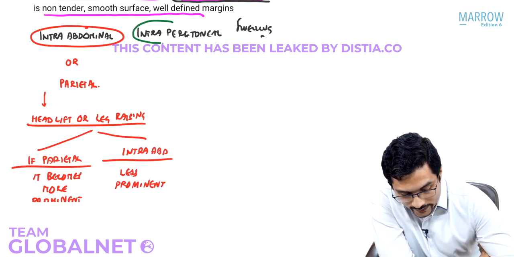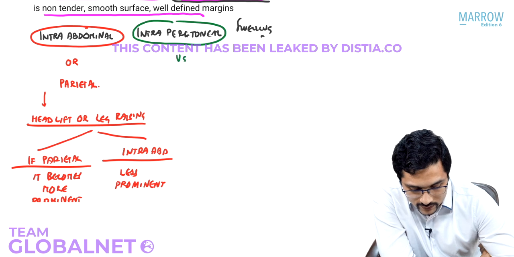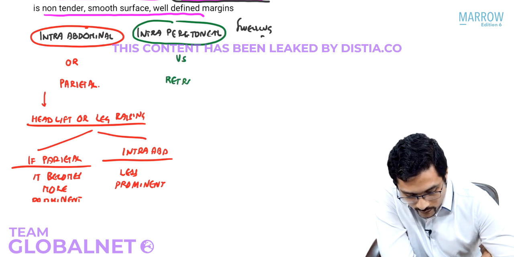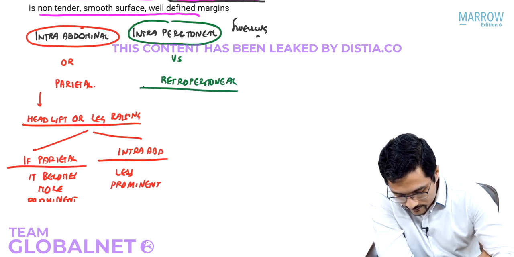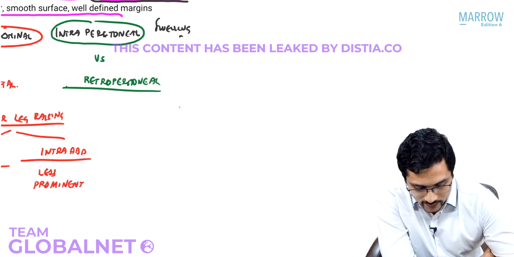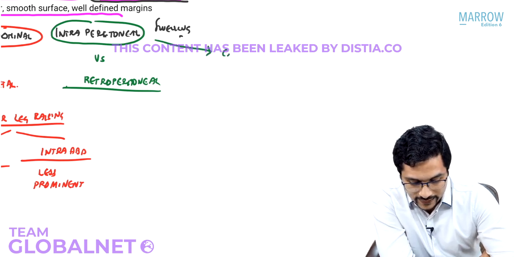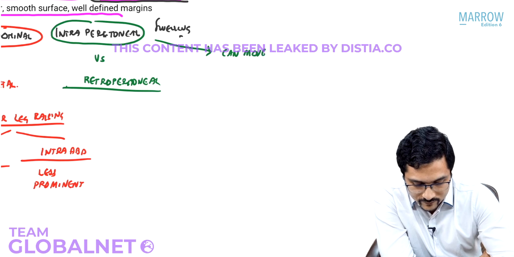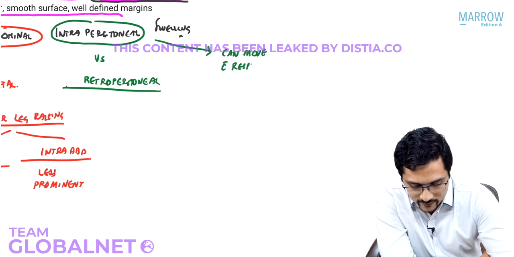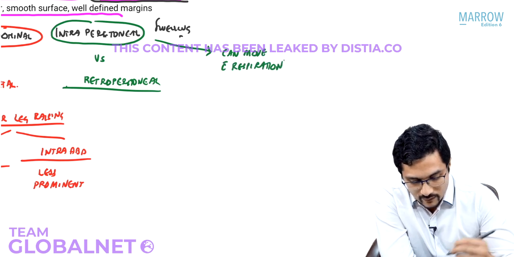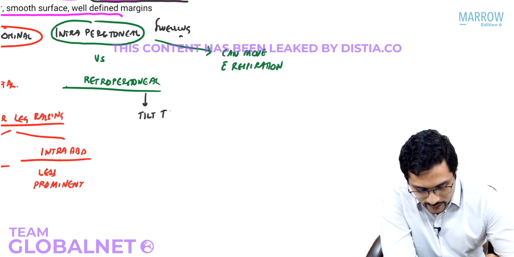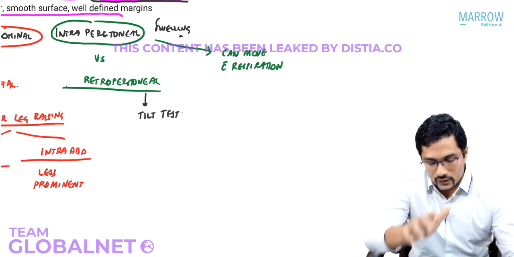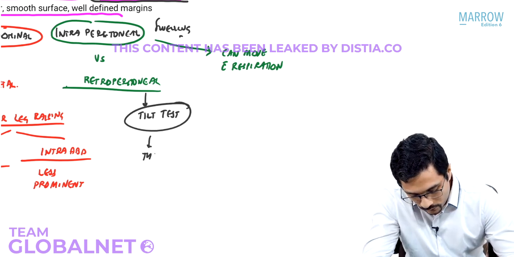Now, how do we know it is intraperitoneal versus retroperitoneal? So intraperitoneal swellings can move with respiration. Retroperitoneal swellings, if you do a tilt test, if you tilt the patient to one side, they don't fall.